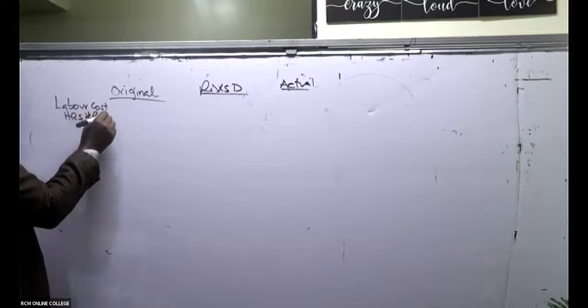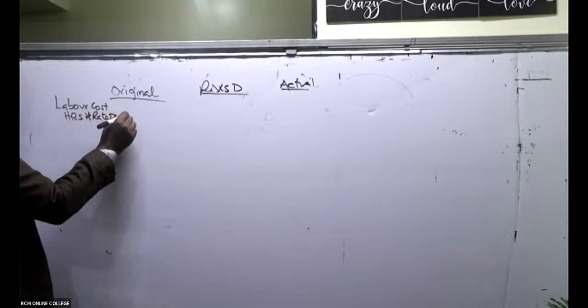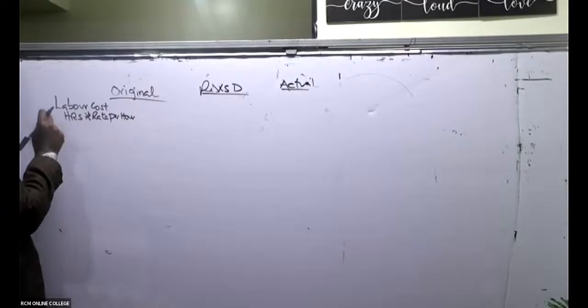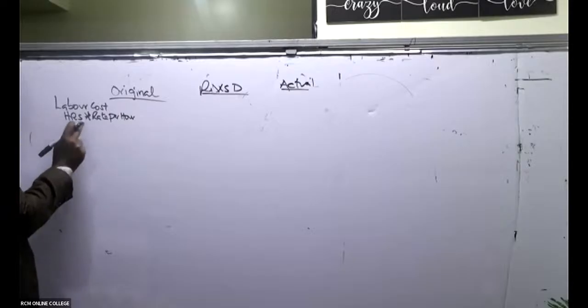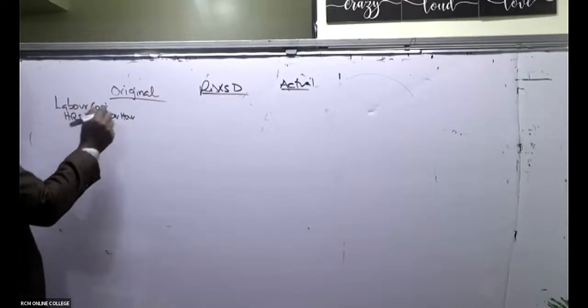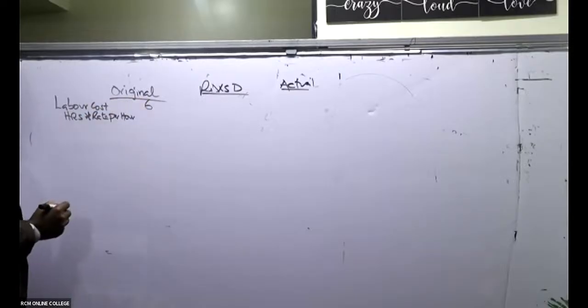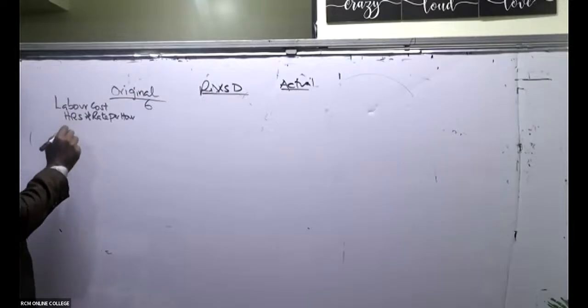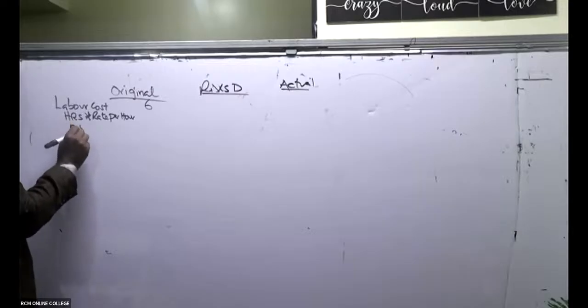So what I want is, for each batch, hours times rate per hour, to be able to get the labor cost. They have told us that the total labor cost per batch is 6, and each batch takes half an hour.